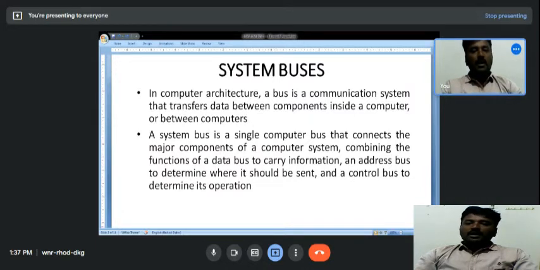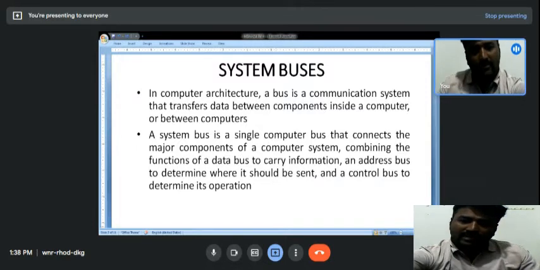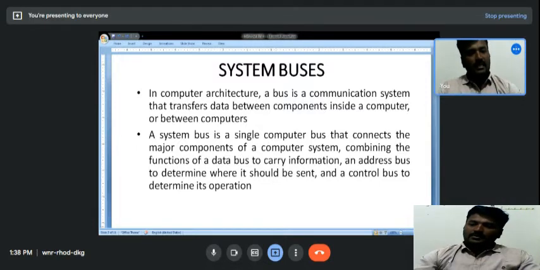A system bus is a whole bus which involves data, address, and control information. The address bus is used to determine where the data is stored and where particular data is retrieved. So these form the system buses.